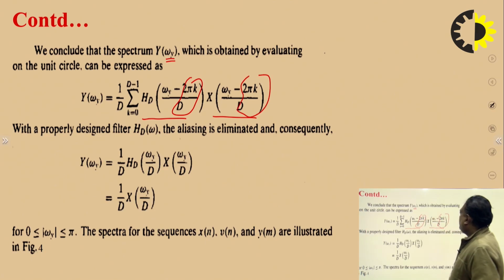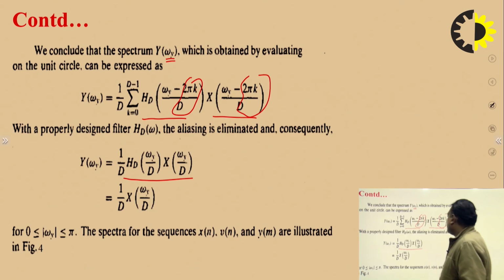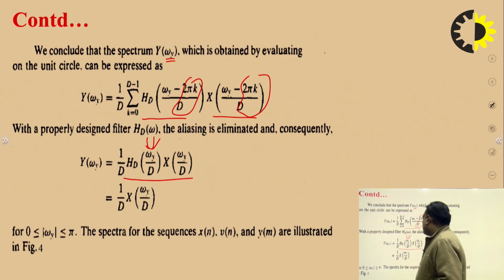If we properly design a filter H_D of omega, the aliasing is eliminated, and consequently only k equals 0 remains, so this becomes 1 by D H_D of omega y by D into X of omega y by D. For a properly designed filter, the frequency response value becomes 1, so Y of omega y equals 1 by D X of omega y by D.